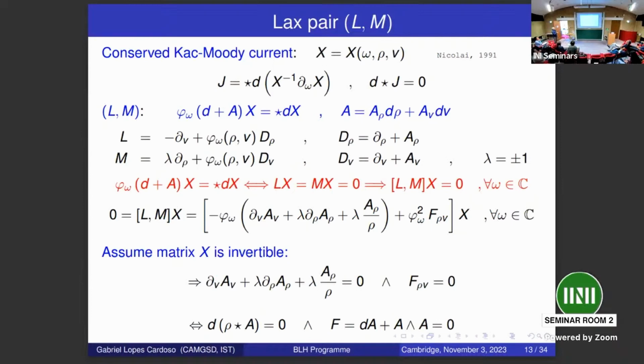This defines what are called Kac-Moody currents. Right. I guess I will have to refer you to the paper by Nicolai for a better understanding of how this current arose.